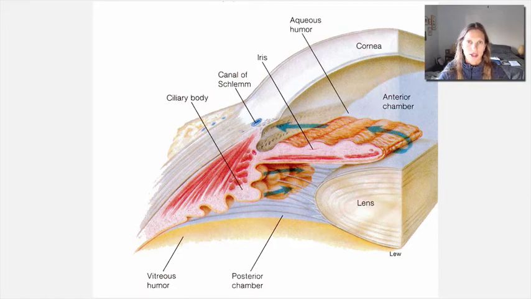But in either case, the fluid production and the fluid drainage in a normal eye would be equivalent, so the pressure stays steady. The pressure in the eye is measured in millimeters of mercury, and normal intraocular pressure is like 15 to 16, with some outliers on either end of that. When the pressure gets above 20 or 21, that's when we start really worrying about it.